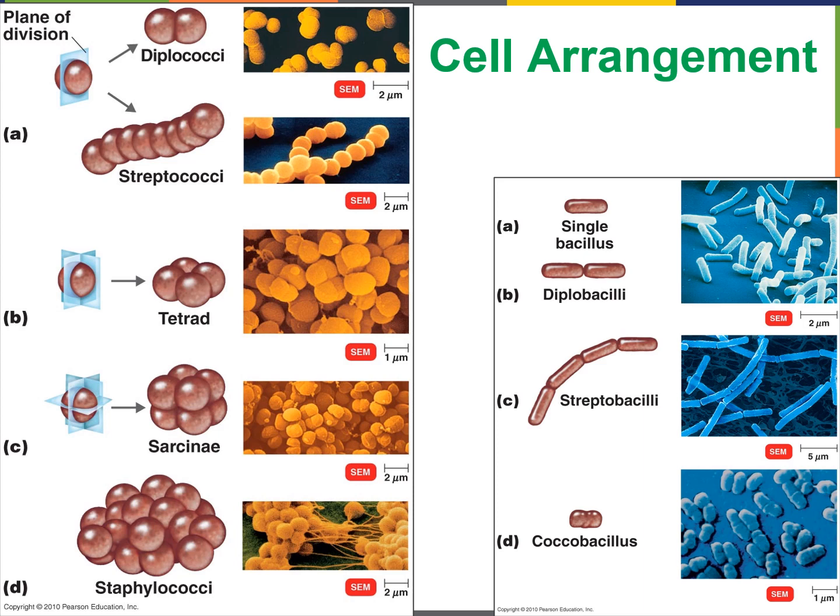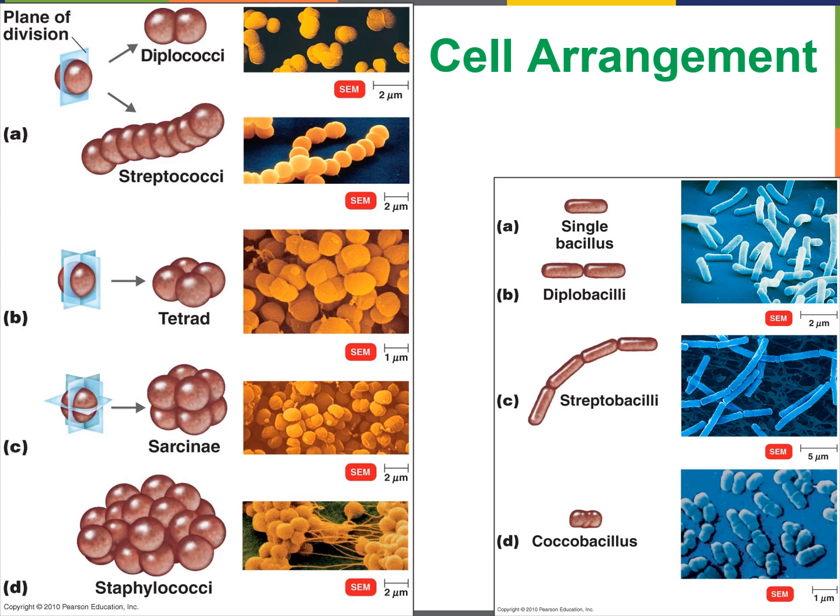One thing I want to point out is planes of division. If you notice, there are more cell arrangements with the coccus cells than with the bacillus cells. And if I were to ask why, the reason comes down to the number of planes of division.